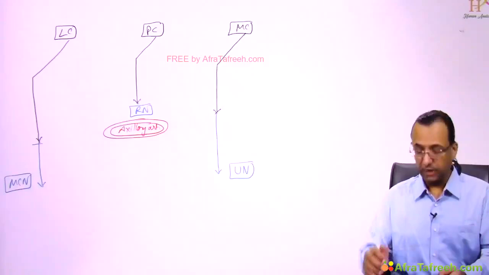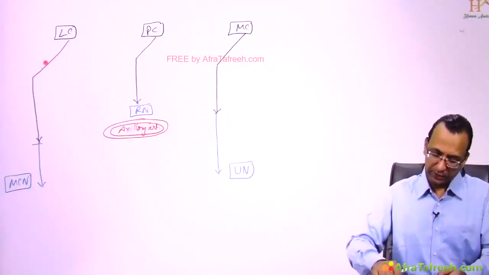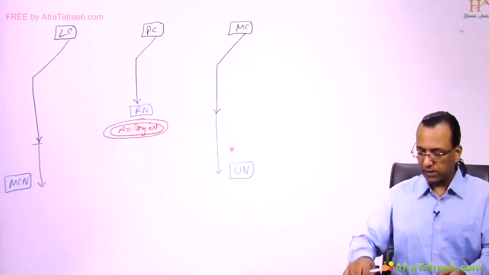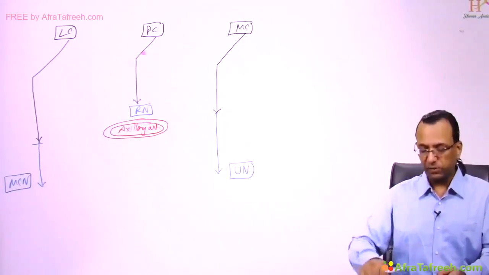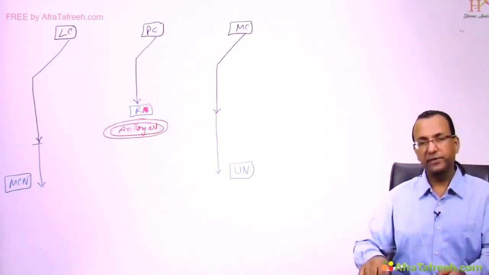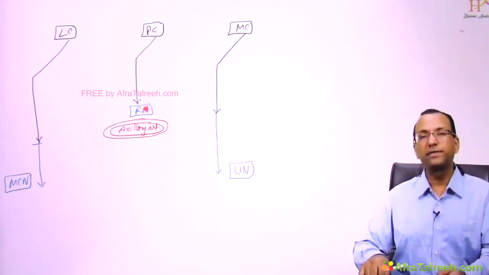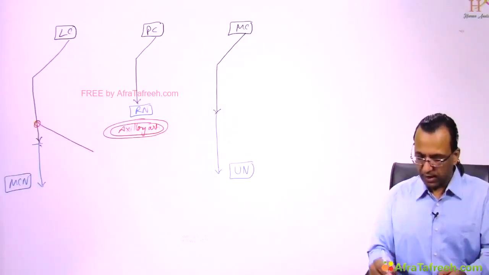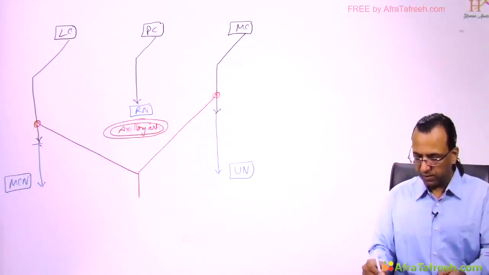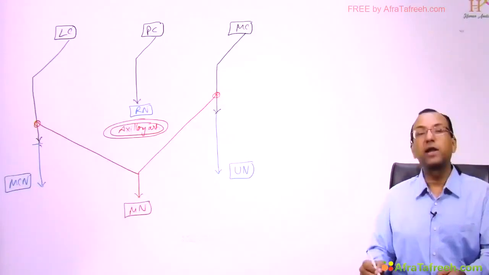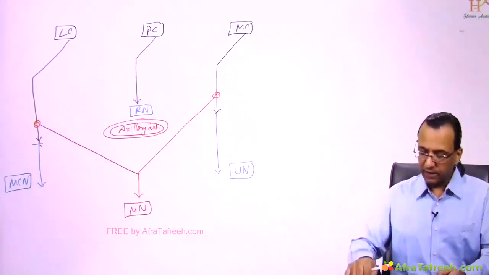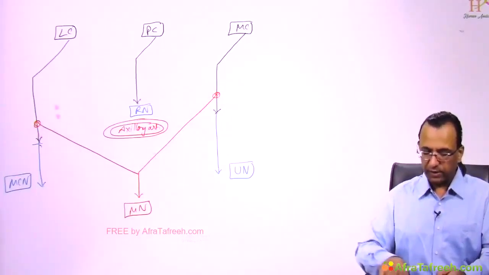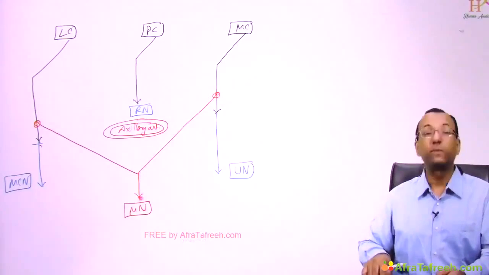Then you will see how the median nerve is formed. The lateral cord and the medial cord continue towards the median nerve, which runs in the midline, contributed by the medial cord and the lateral cord of the brachial plexus.